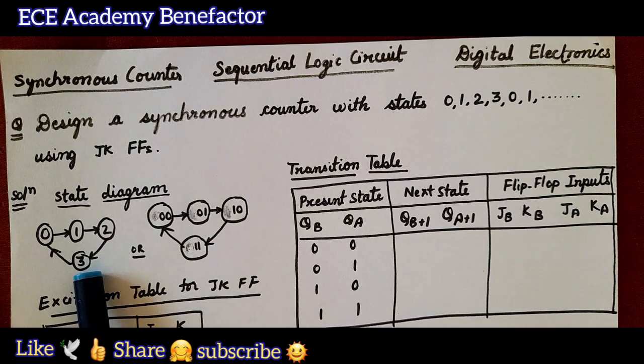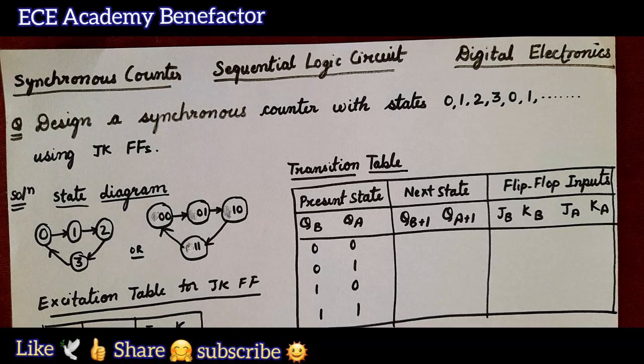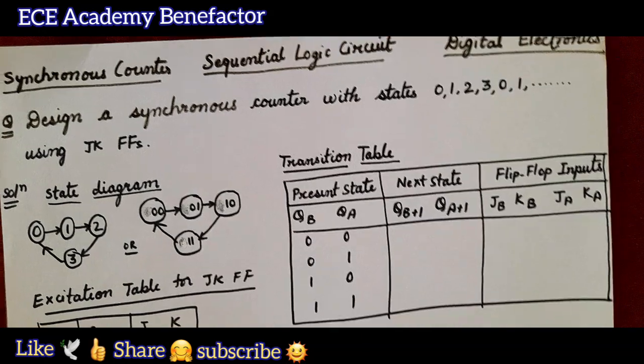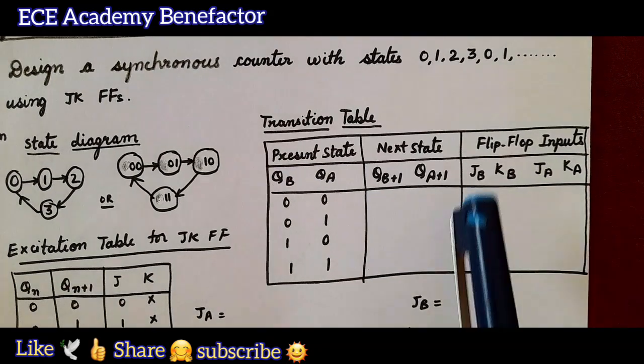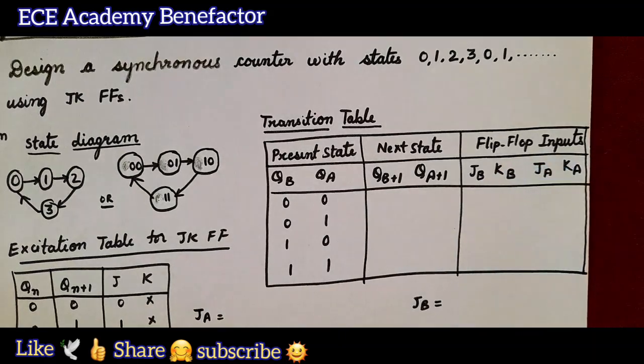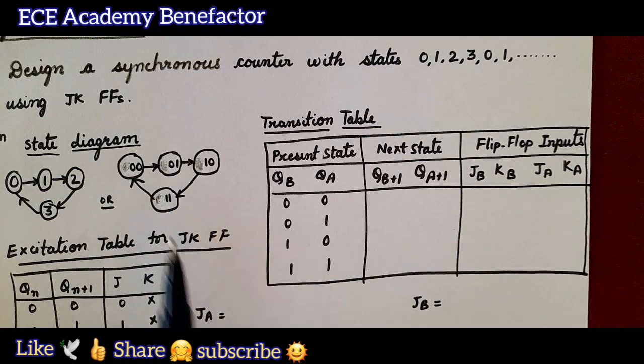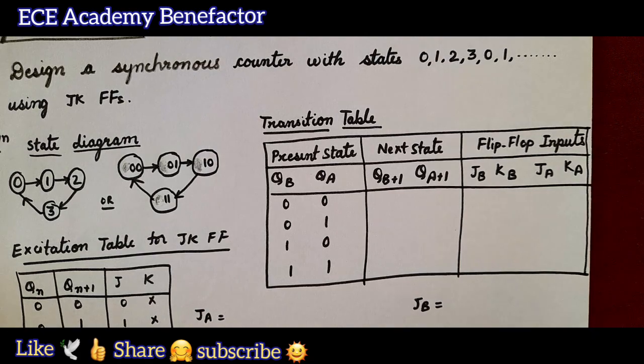Based on the state diagram, we need to draw the transition table. The transition table requires the present state, next state and flip-flop inputs. So, how many flip-flops do we require here? 2 flip-flops, because 2 bits are needed to represent the largest number of the state.